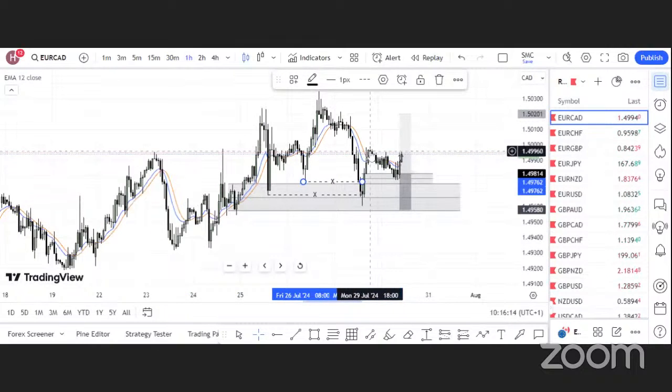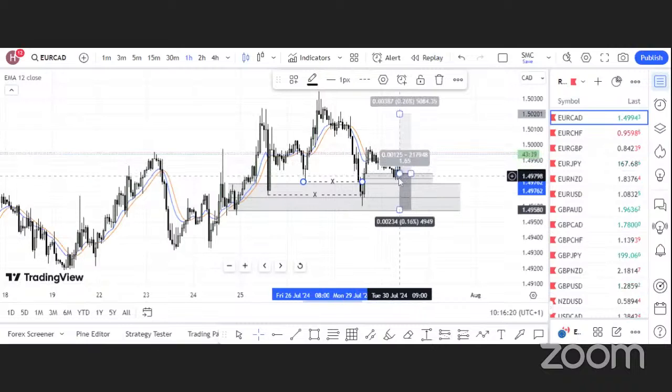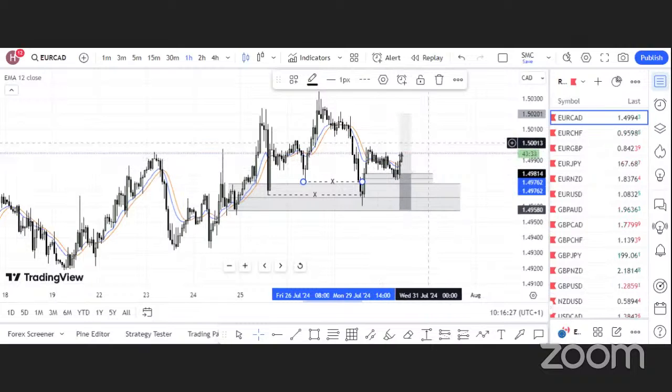I said this when the market was around here. In a few hours, the market is already playing out. The market has already started playing out.